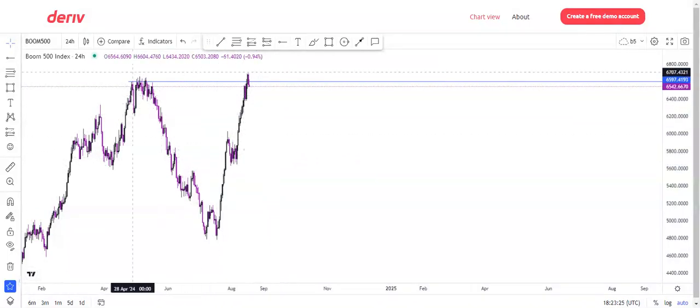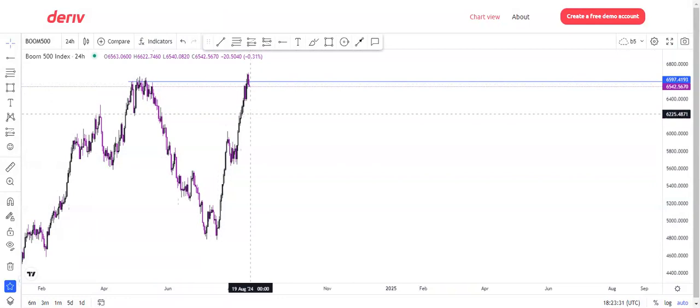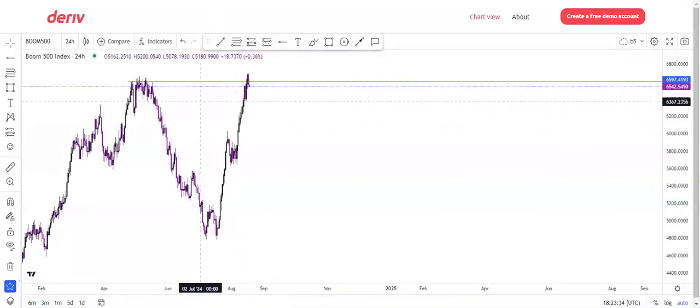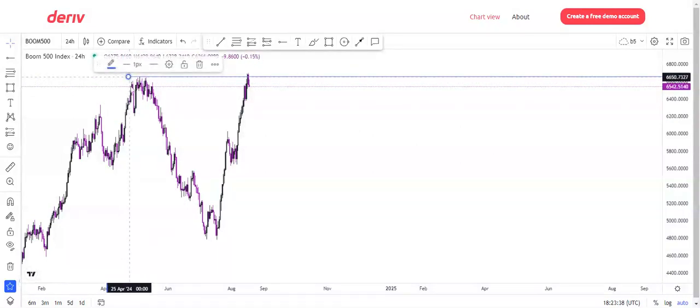So on B500, we can take sells since we had this liquidity being taken out.